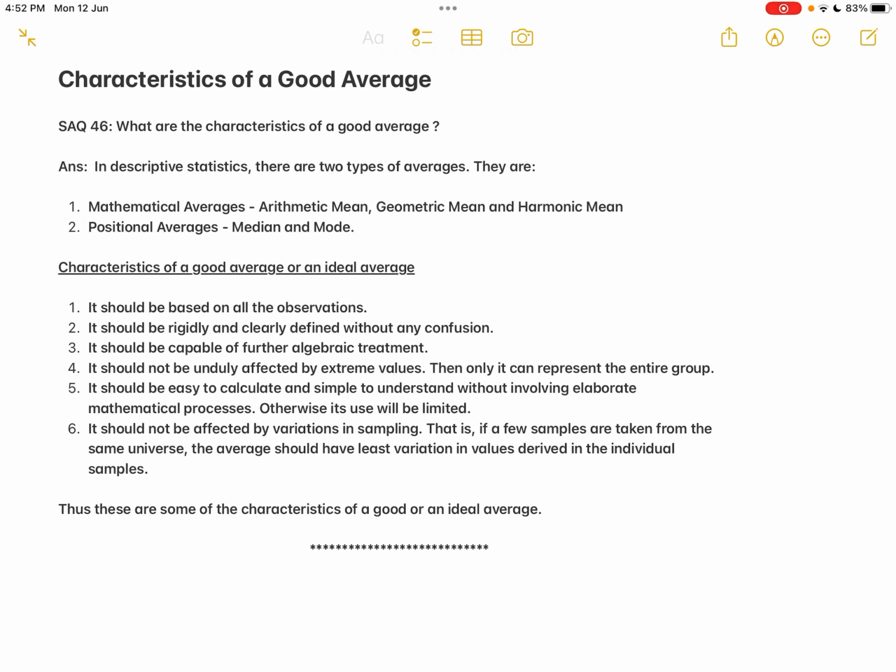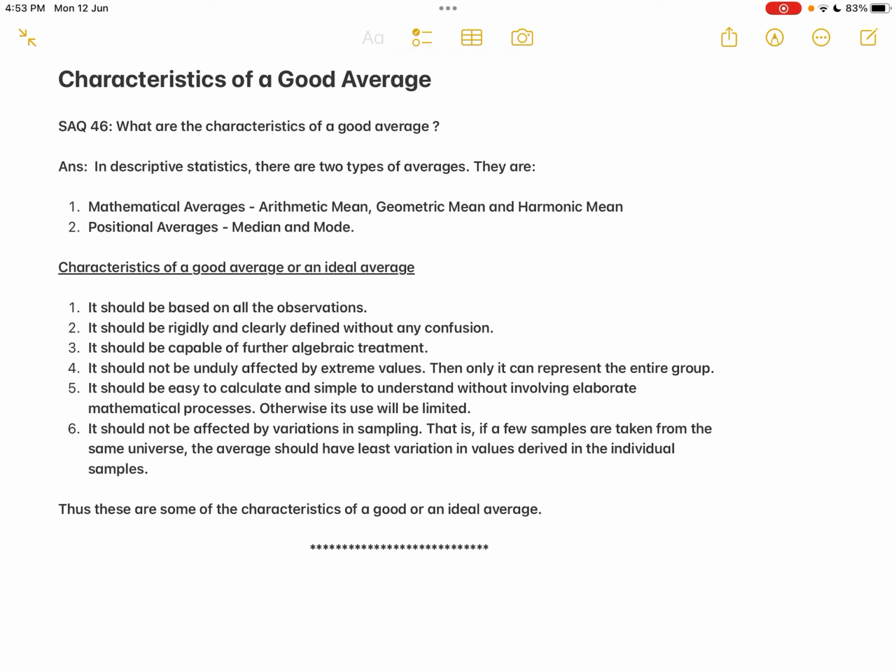Then the third one: it should be capable of further algebraic treatment. The usefulness of an average increases if the same average is used for further mathematical purposes. We have seen that the arithmetic mean is useful for further algebraic treatment, so it satisfies this characteristic, because from the arithmetic mean, deviation, standard deviation, all those things are possible.